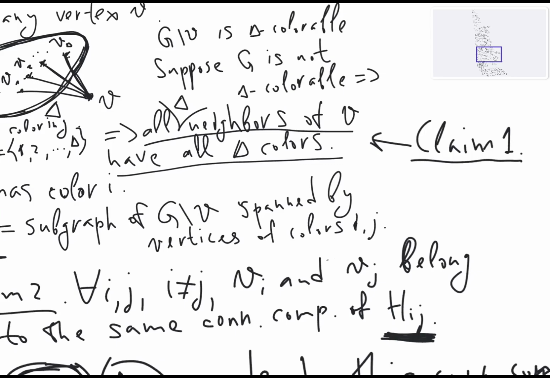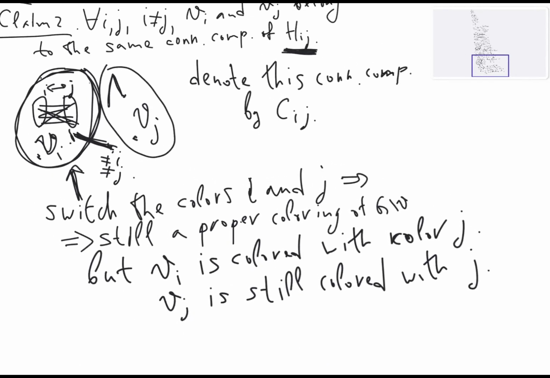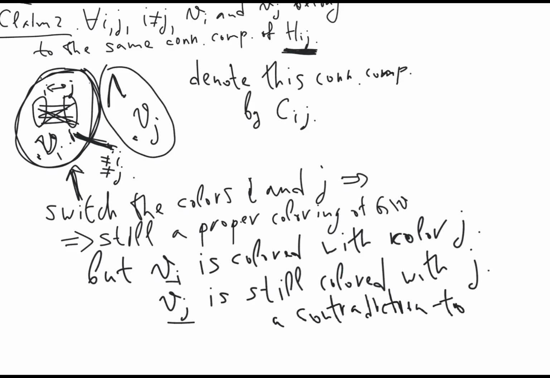Because claim 1 holds for any coloring, all delta neighbors of V have all delta colors. But here, after recoloring, we obtain a proper coloring where two of them, Vi and Vj, are now colored in the same color. So a contradiction to claim 1.